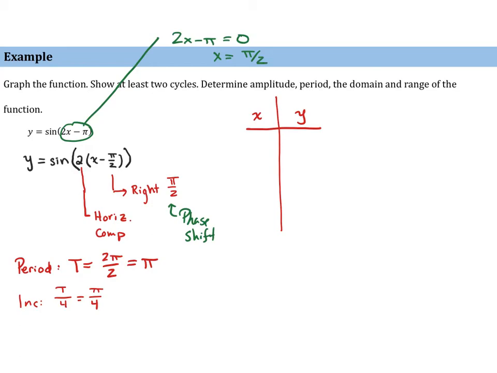That's the phase shift. So instead of starting at 0, as we have done in the previous examples, we're starting at pi over 2. And then we are going to increment by pi over 4. So it might be beneficial to think of pi over 2 as 2 pi over 4, since that would have the same denominator. So 2 pi over 4, 3 pi over 4, 4 pi over 4, 5 pi over 4, 6 pi over 4.